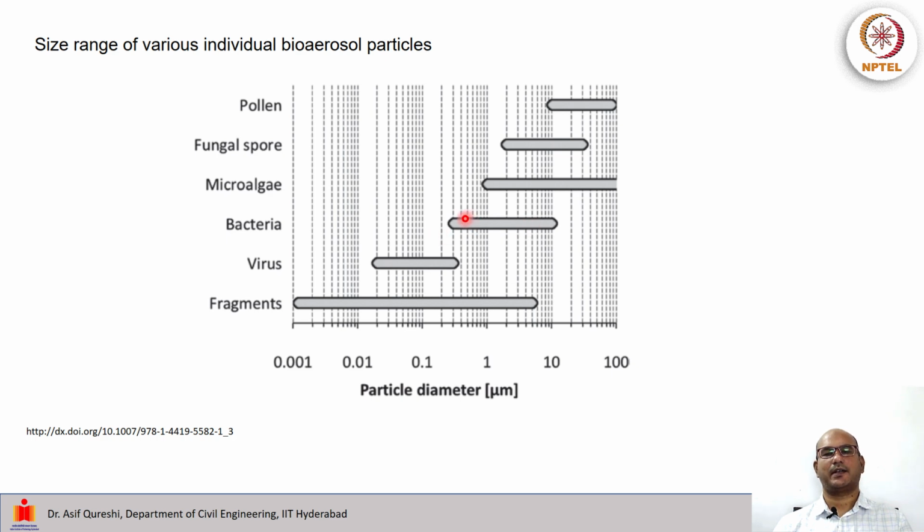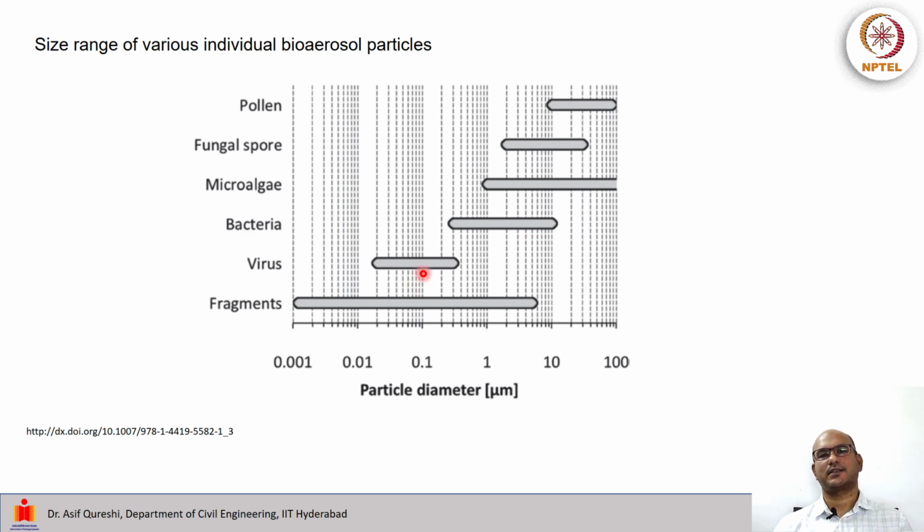So as we say, anything above 10 can settle out fast, so the pollen may not be suspended in air for a long time. Some of the fungal spores will be suspended, some of the microalgae will be suspended. Also, quite a bit of bacteria will remain suspended because their size ranges are 0.2 to around 10 micrometers.